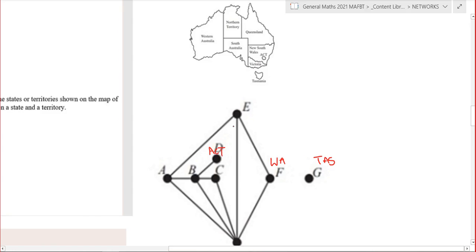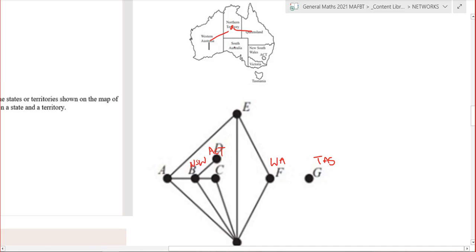And if that's the case, the only one connected to ACT is New South Wales, so B is New South Wales. What else do we have in terms of connections? From WA, there's a vertex here that's got 3 connections. Northern Territory has 1, 2, 3 connections going to it.